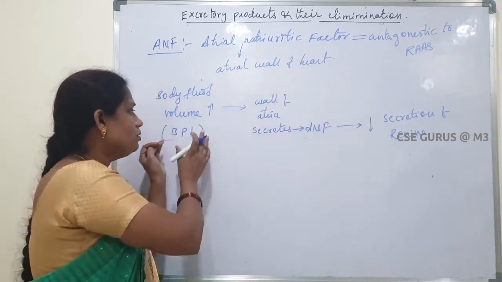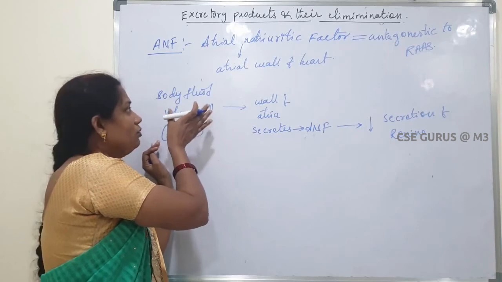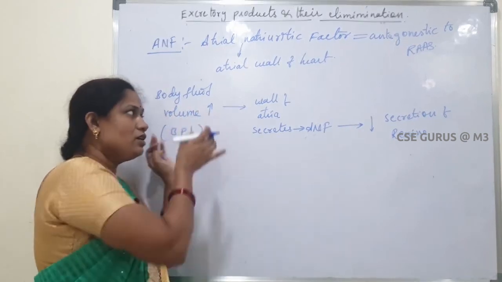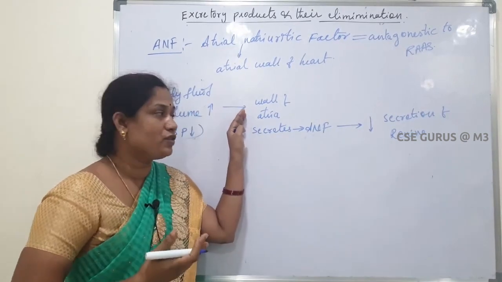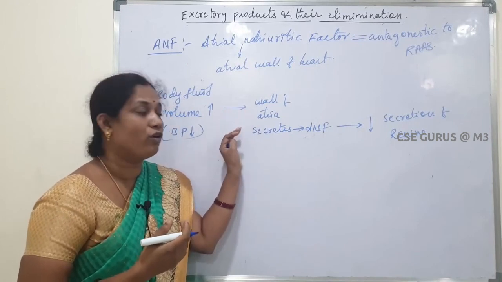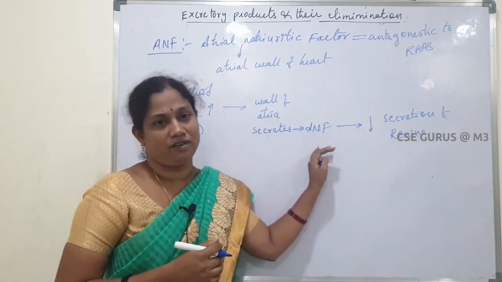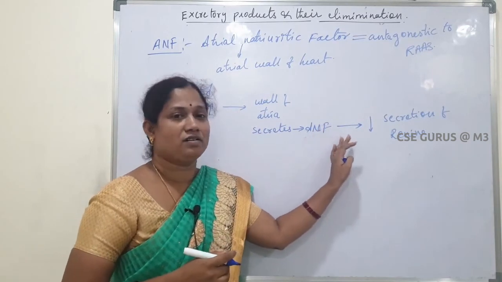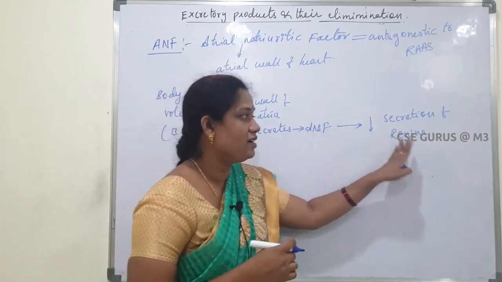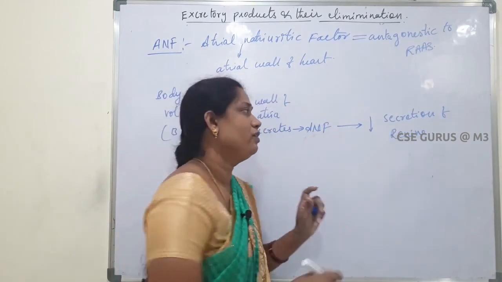So whenever the body fluid volume is increased, the atrial wall secretes the ANF, atrial natriuretic factor. This factor decreases the secretion of renin.